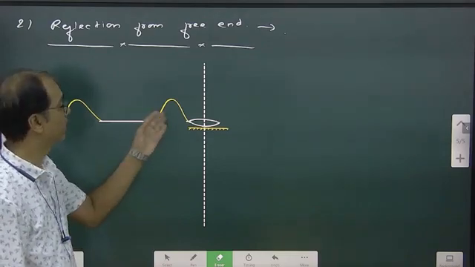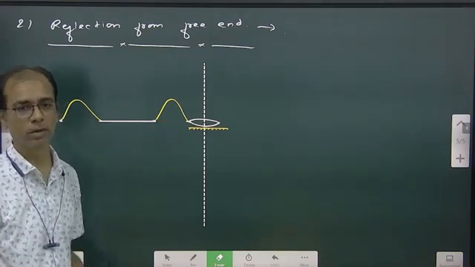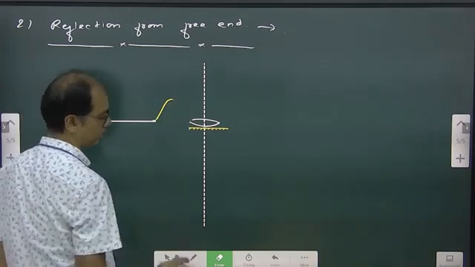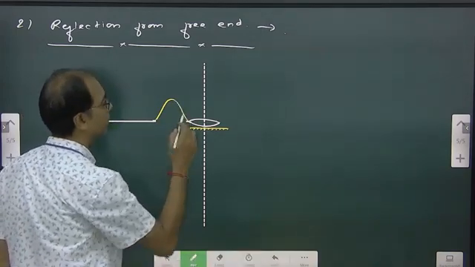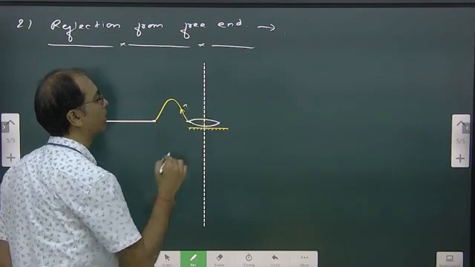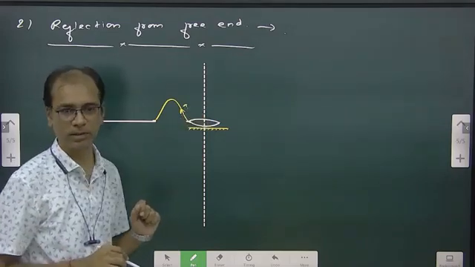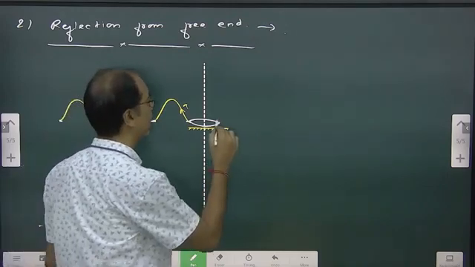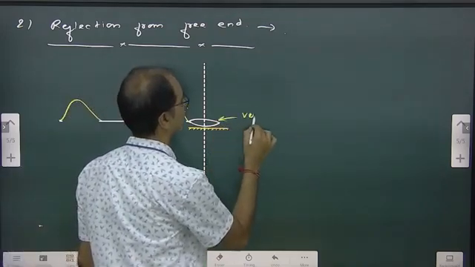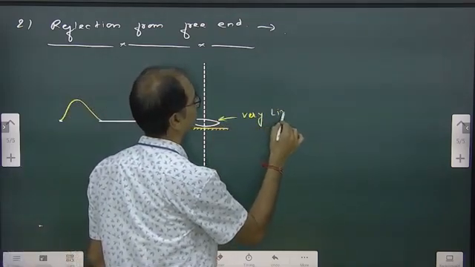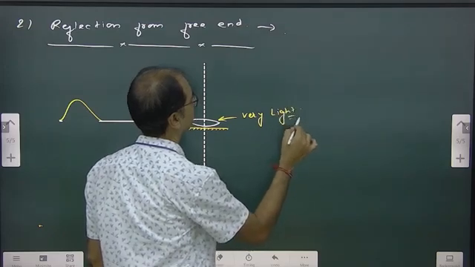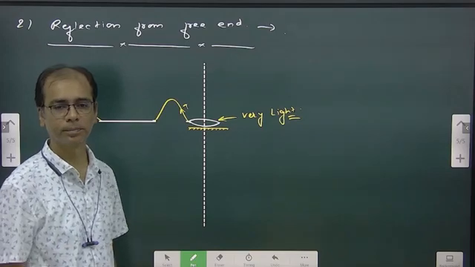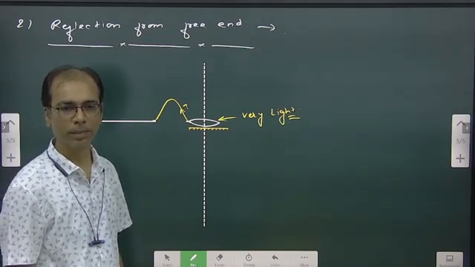So when string is tight, this is going to apply force on this ring. Which direction? Upwards. Now can this move? Yes. Is it light? Very light. What will happen? It will go up.